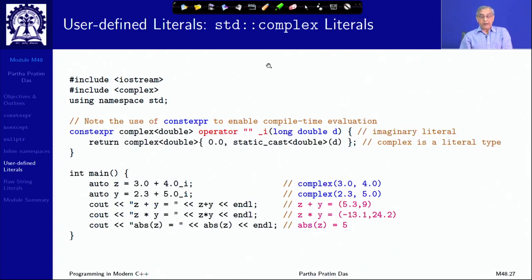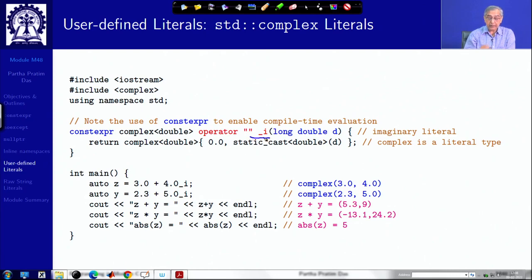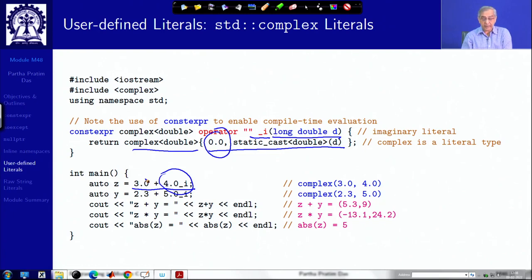A similar thing can be done for, say, a complex. I am using an underscore i, the value is taken as long double, and I construct a complex object of the standard library. Then I use it like this. I am assuming that the real part is 0 and the imaginary part is provided by this literal conversion.